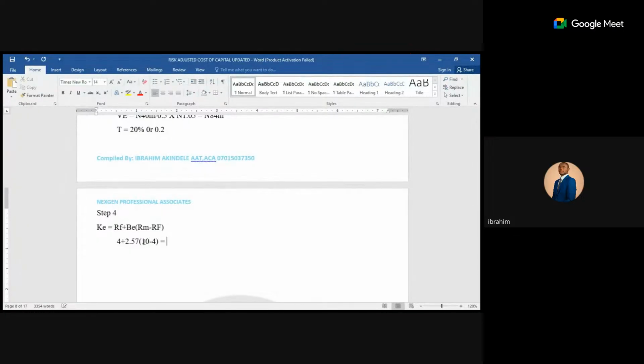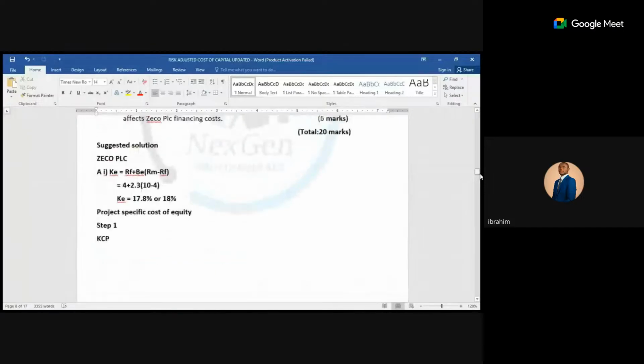So what is the cost of equity? 19.42%, right? So we are done with A, Roman figure 1.